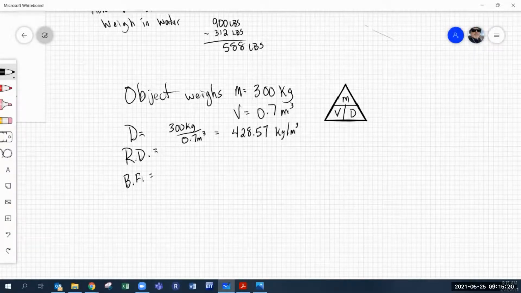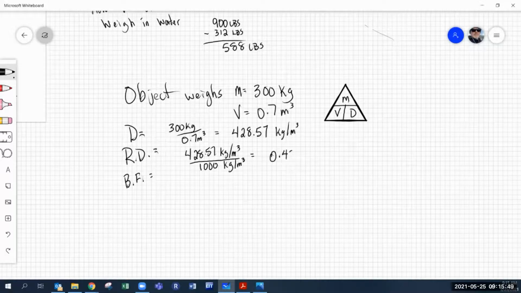Now, the relative density: I take the density of my object, 428.57 kilograms per cubic meter, and divide that by the density of water, which is 1,000 kilograms per cubic meter. The relative density of this object is 0.42857.